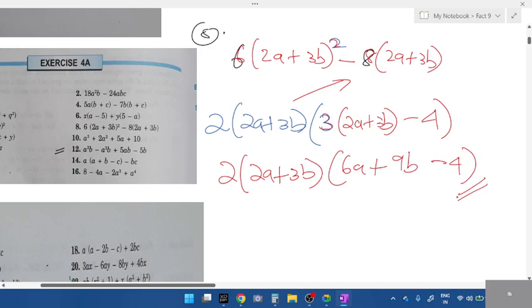Go through this. Only if you understand this will you be able to solve the remaining questions. Let me know if you have any doubts.